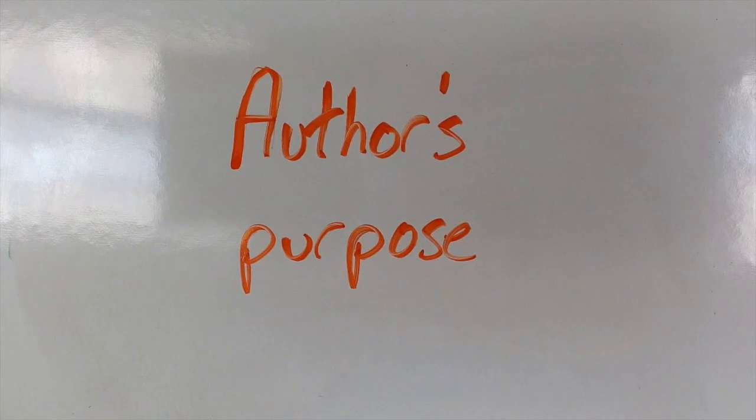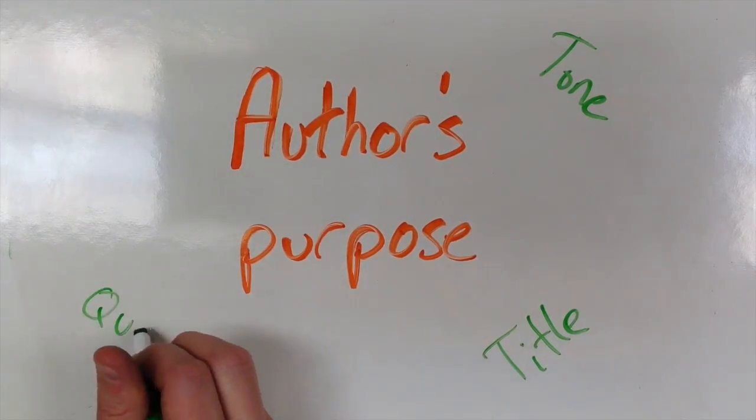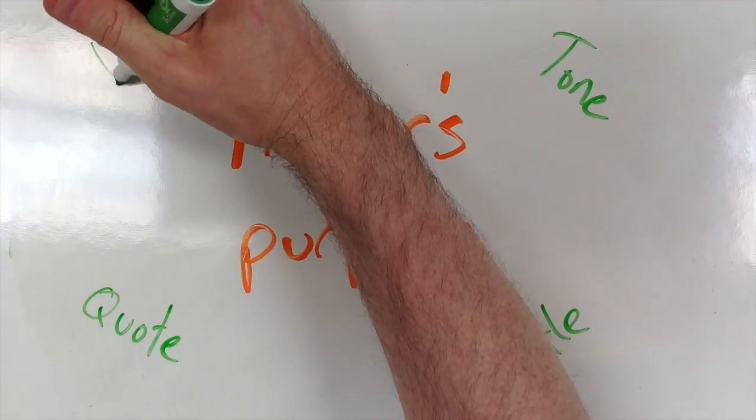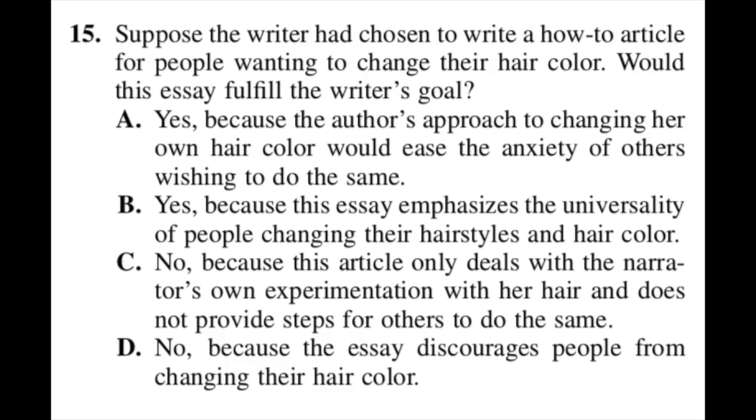Also, the more specific that we can determine what the author's purpose is, the more helpful it's going to be to us when we read. Finally, we want to make sure that we have evidence that supports our conclusion. This evidence can come from the title, the author's tone, quote, or even the word choice and rhetoric that the author uses.